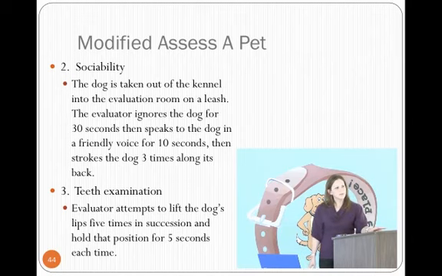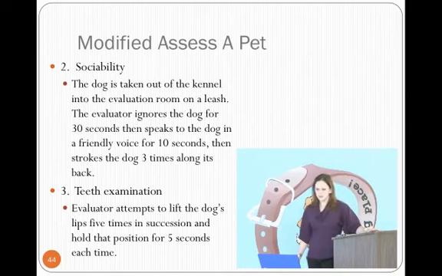Then they'll do the teeth examination. This is kind of correlating with the sensitivity test where they were handling the dog down the side. They'll actually take the dog's lips and lift them up to show the teeth and do this 5 times in a row, holding, to see how much struggle there is, whether the dog's amenable to it, or if it pulls its head away, or if it growls, things like that.